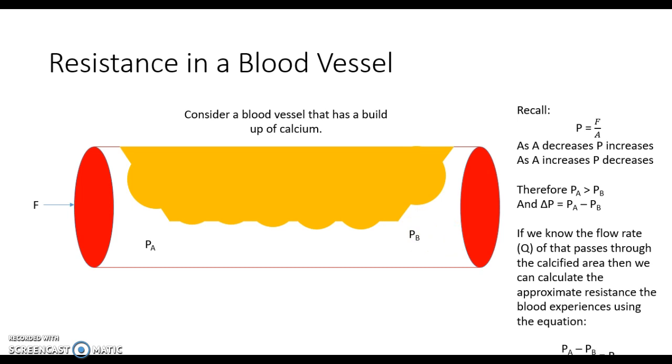Now, if we take that information, and I guess part of my equation is cut off here, but I'll go ahead and tell you what it is. If we know what the flow rate is, the amount of blood that's actually flowing past this calcification, and we're going to use the letter Q to represent the flow of blood, then we can approximate what the resistance of the blood is within that area.